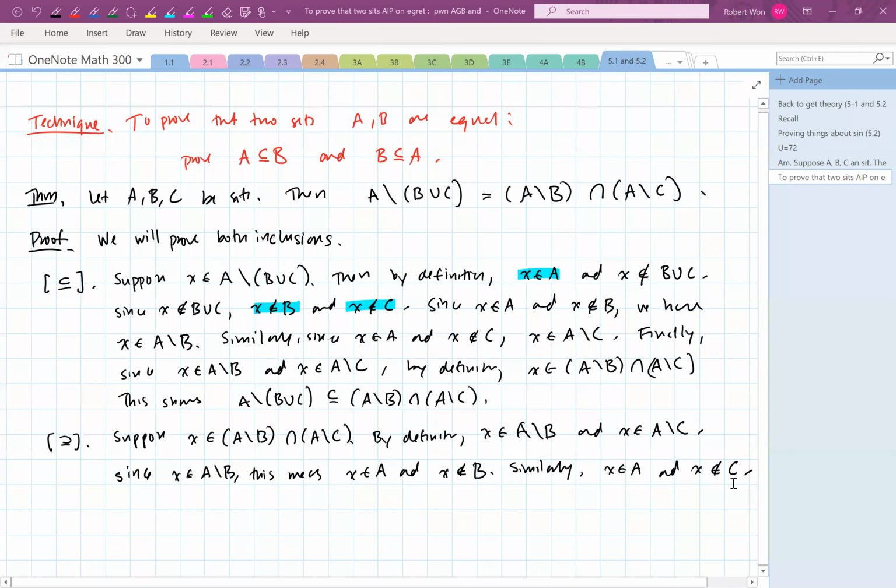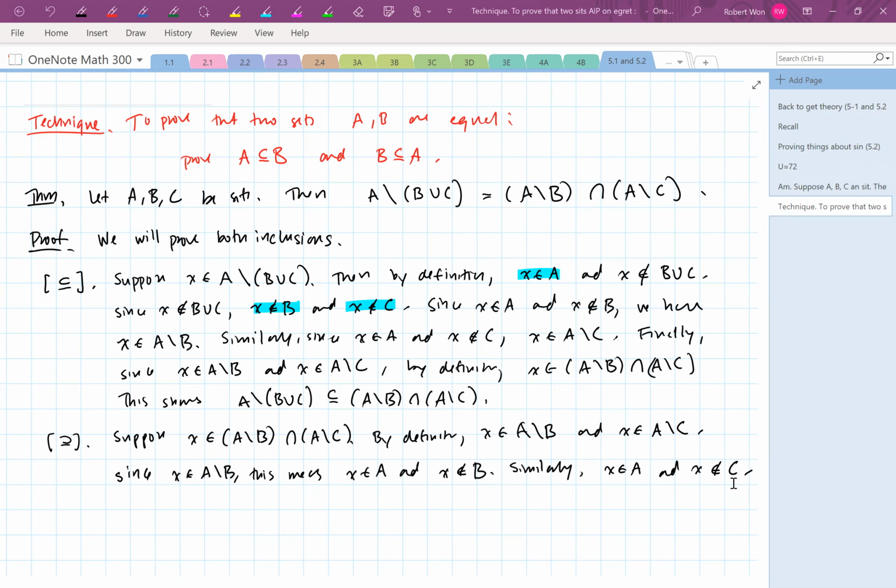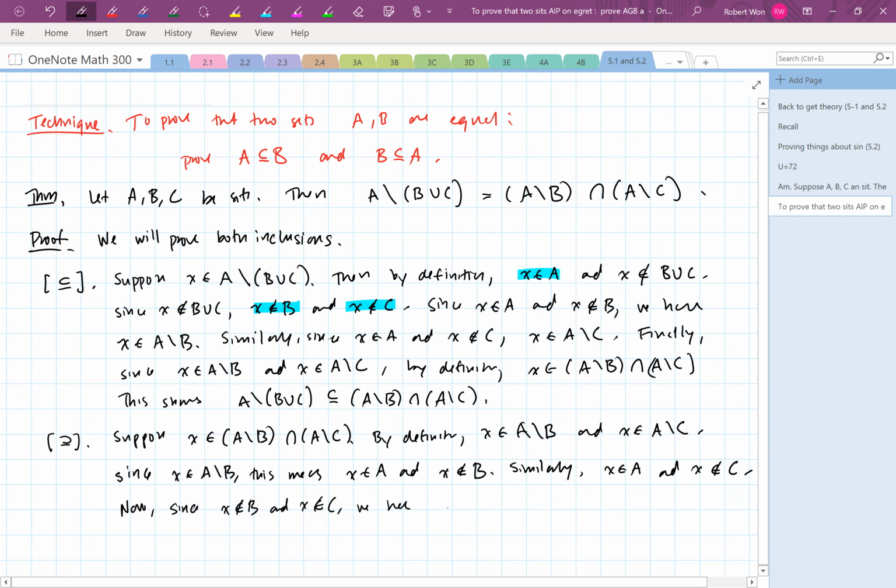Okay, my apologies. So right now we have that X is in A and X is not in B, and X is in A and X is not in C. But now, since X is not in B and X is not in C, we have that X is not in the union.